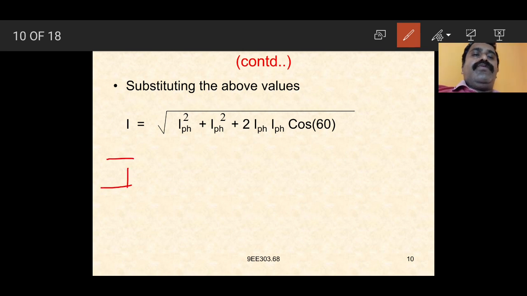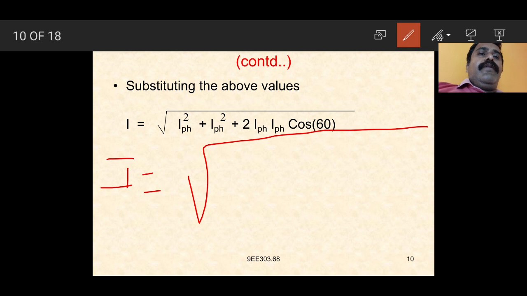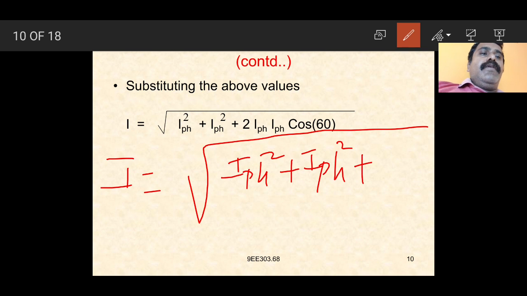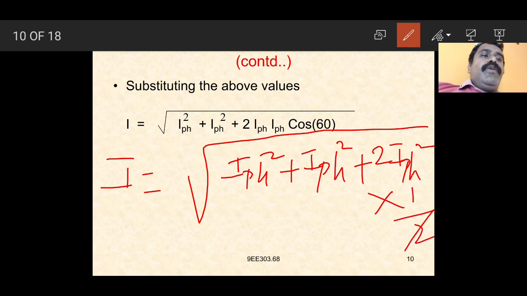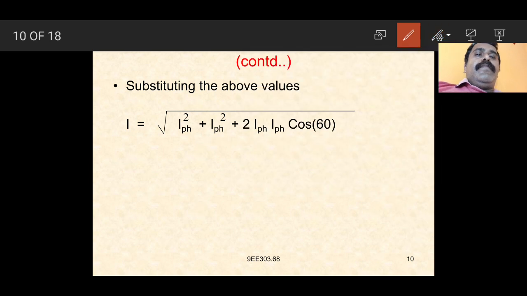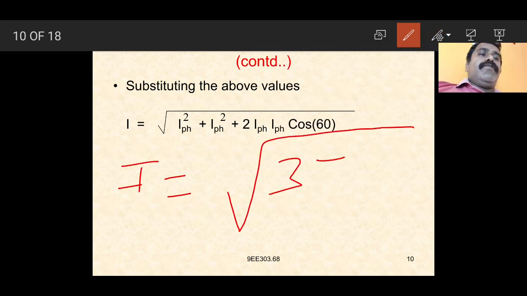2 and 2 will get cancelled. Again we can get I is equal to under root of 3 I phase square.